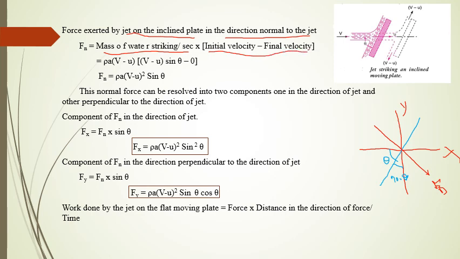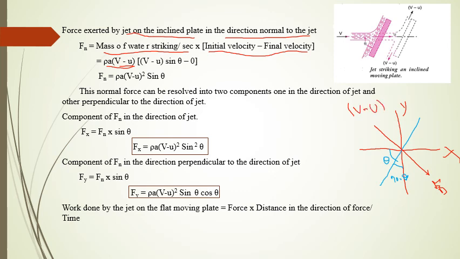In stationary plate condition, we have used only velocity, but in moving plate conditions, we are using relative velocity in the place of velocity. So mass of water striking per second formula is rho A into V minus U. Here V minus U is relative velocity, into initial velocity minus final velocity. Here initial velocity is V minus U.